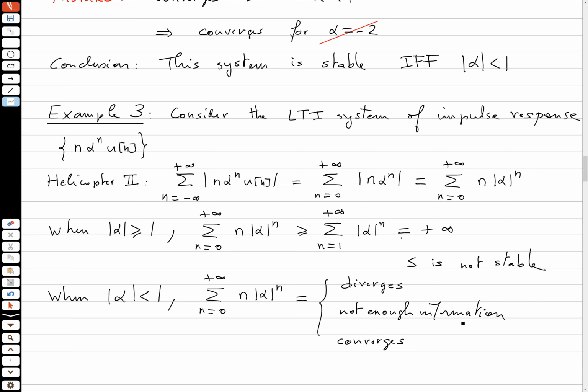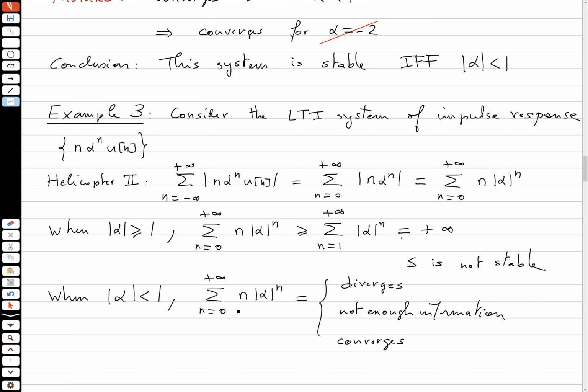It depends on alpha. Think of it. When alpha is equal to 1, this is diverging, right? Now, take alpha that is just slightly less than 1. Alpha to the n will eventually go to 0, but very slowly.